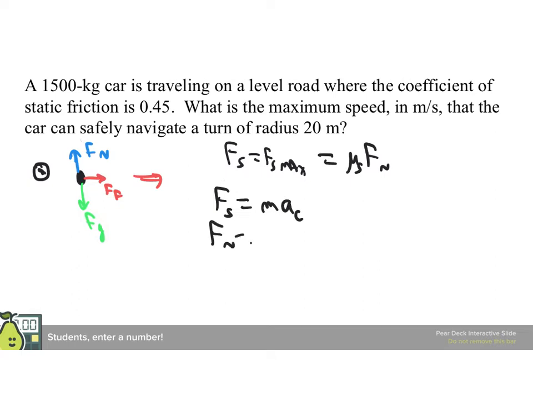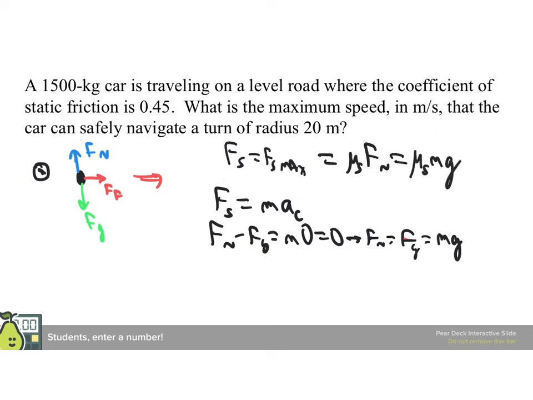The normal force minus the weight equals the mass times the vertical acceleration, but that's 0. This tells us that the normal force equals the weight, equals m times g. And the one above then tells us that our frictional force is mu s times m times g.